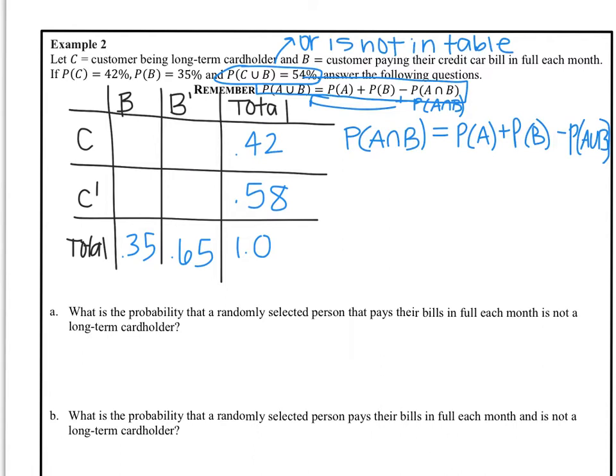Because now they give us the or. So the or is 54%. So when I plug this in, the or is 0.54 over here.